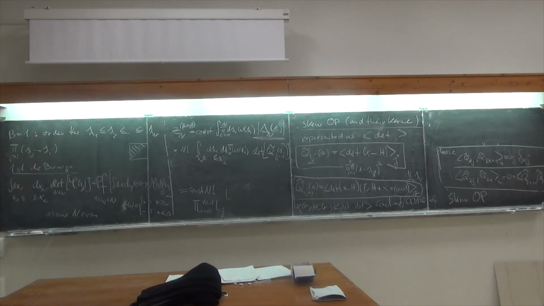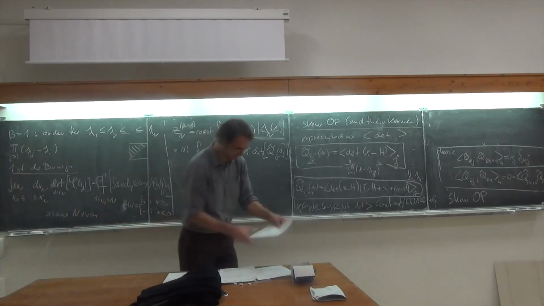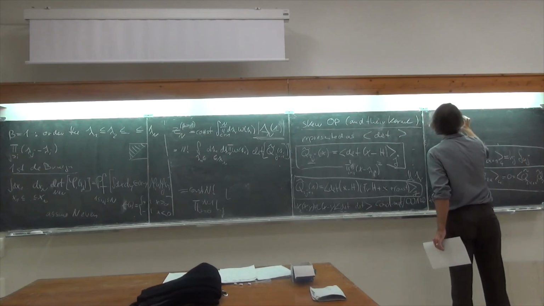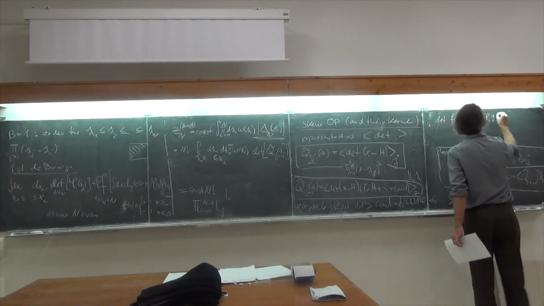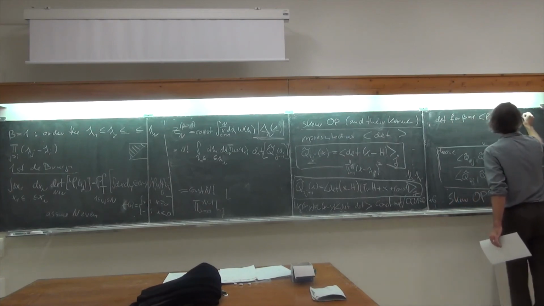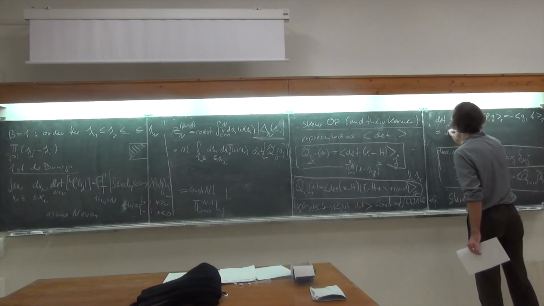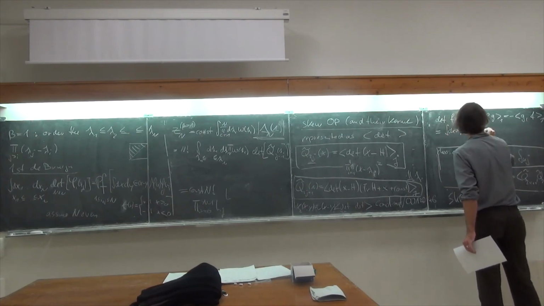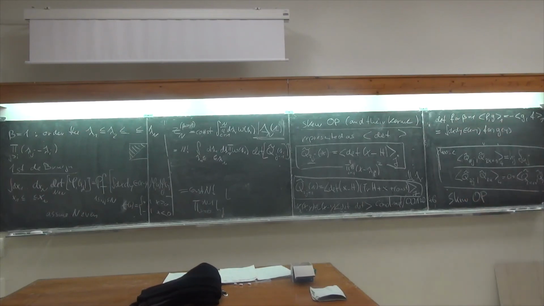So, because of that, it is a good idea to define the following scalar product for beta equals 1, again anti-symmetric: integrate dx dy epsilon of x minus y, f of x, g of y.